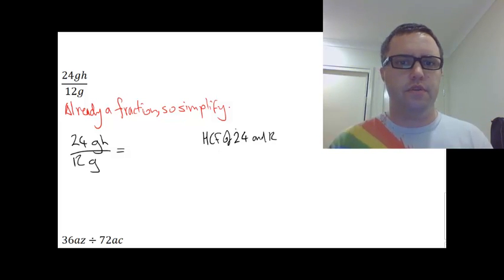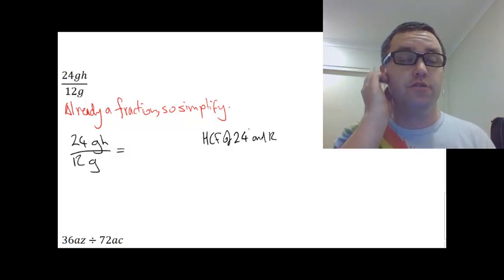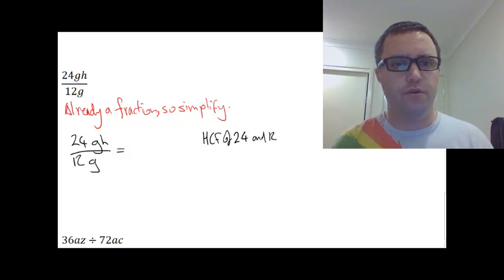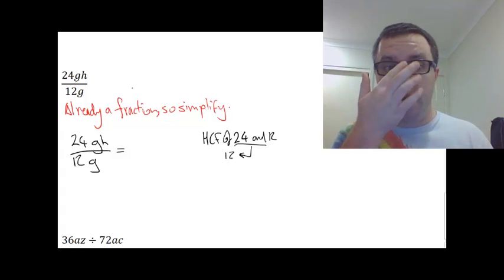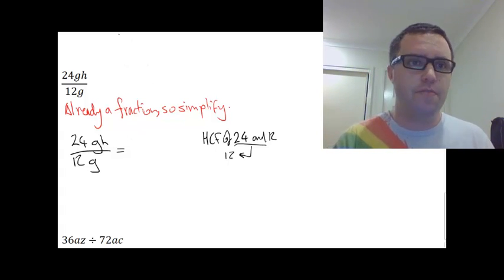This is the kind of thing where you want to be really good at these things. I can tell you that it's 12, okay? 1 times 12 is 12, and 2 times 12 is 24. So the highest common factor of 24 and 12 is 12, okay? So that means that we can divide the numerator and the denominator by 12.